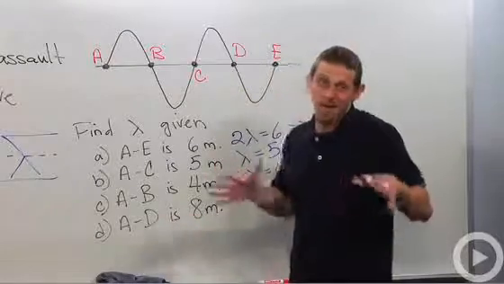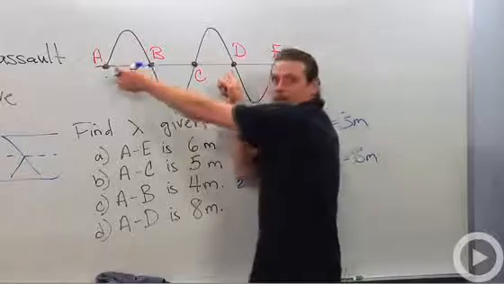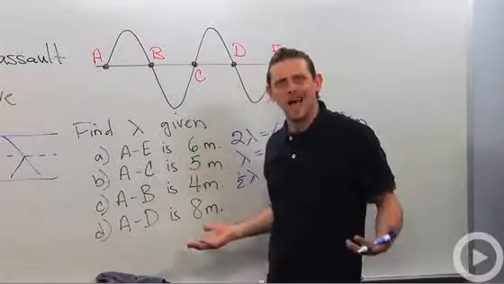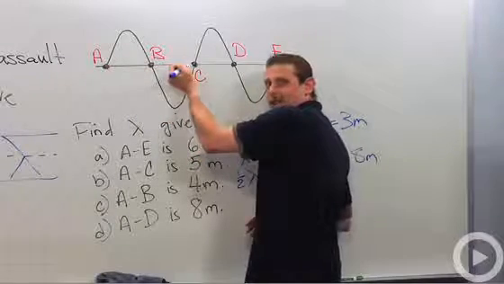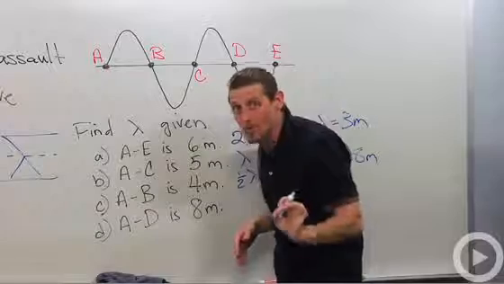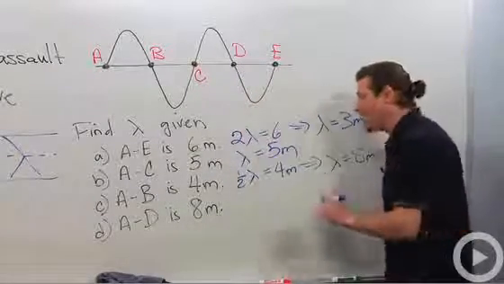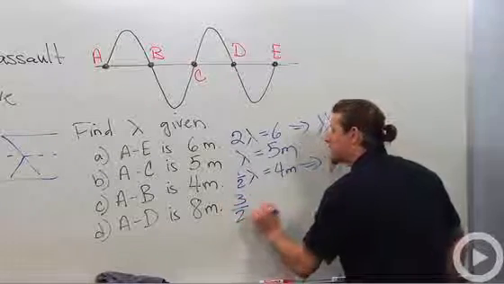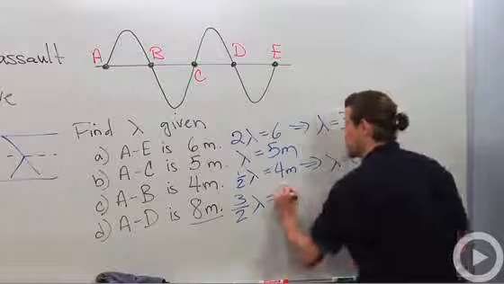Now, this one's the most difficult. Still not that bad, but it is the most difficult. A to D is 8 meters. How much of a wavelength is that? Well, I've got a whole wave from A to C, and then another half of a wave from C to D. So that means I've got 3/2 wavelengths, and that's given by 8 meters.